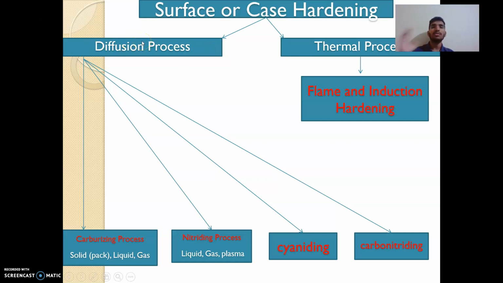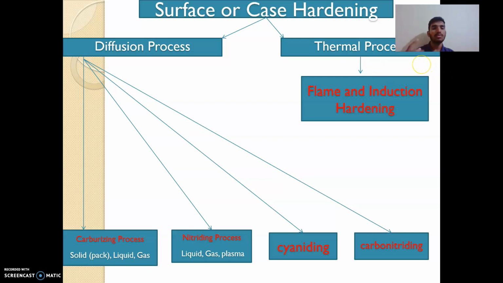Diffusion means directly diffusing the metal with some other carbon-containing chemical. Directly diffusion improves the mechanical property. And for case hardening, the thermal process: thermal means heat, heating the metal with the thermal process.